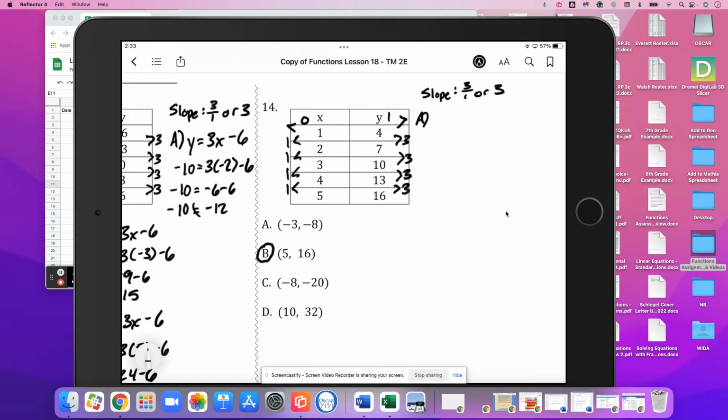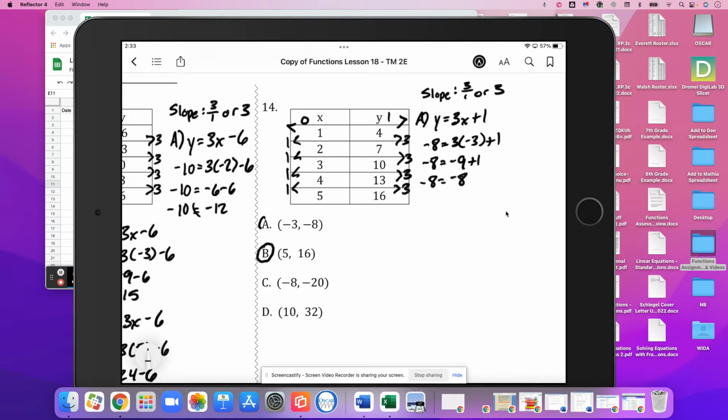So for A, we're going to have y equals 3x plus 1. So our y value for A is -8 equals 3 times -3 plus 1. So -8 equals -9 plus 1. And yes, -8 is equal to -8.